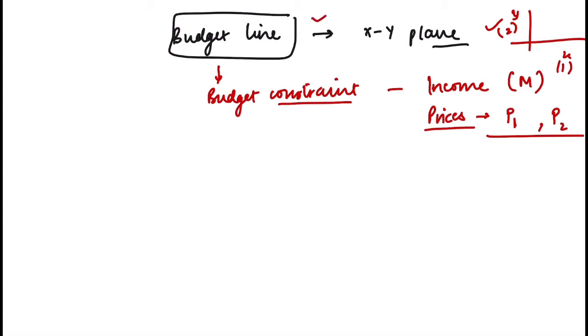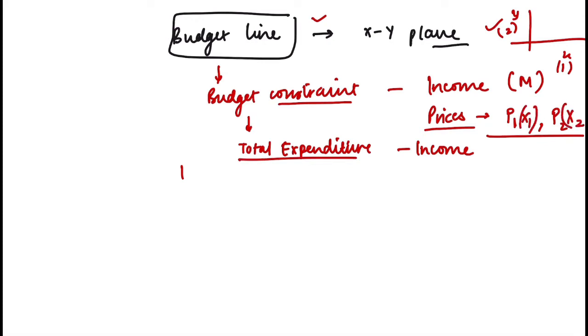So how do you write a budget constraint? Well, the budget constraint represents the total expenditure that you can undertake given your income. So your total expenditure on good X1, let's call the first good X1 and the other good X2, can be less than or equal to your income, and the same is true for the second good.